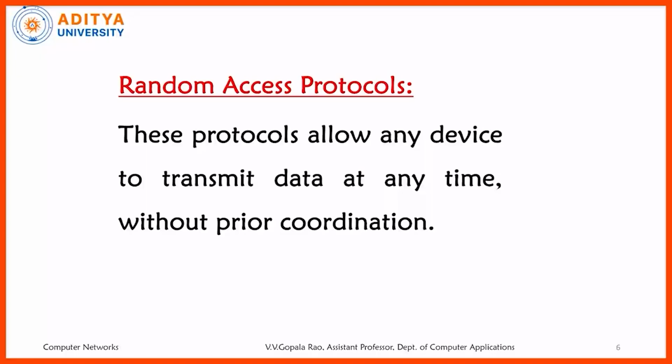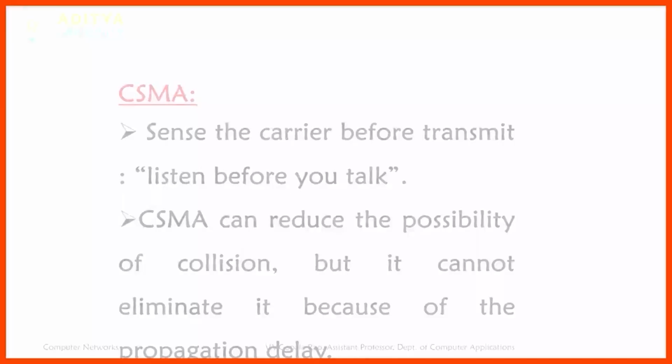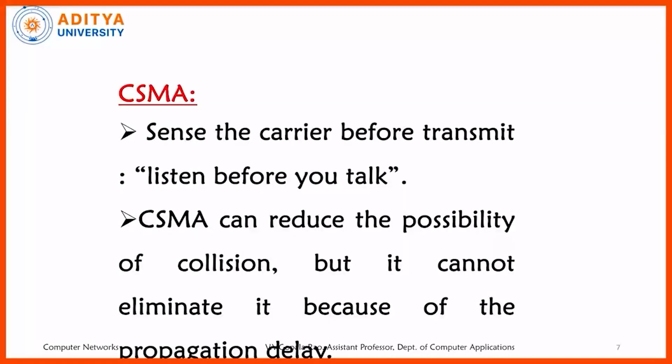In this there are certain protocols, as I already introduced: CSMA, CSMA/CD, and CSMA/CA. These are the basic protocols, but the basic idea is they have to follow the procedure of CSMA. CSMA stands for carrier sense multiple access. Here the carrier means the channel.